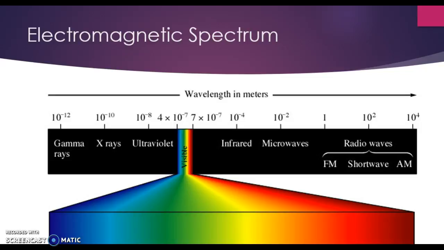All of these types of radiation are called electromagnetic radiation, including the small portion of the spectrum that is visible to our human eyes.